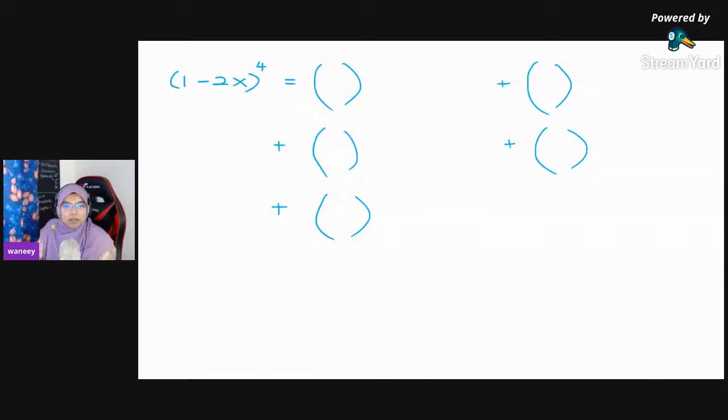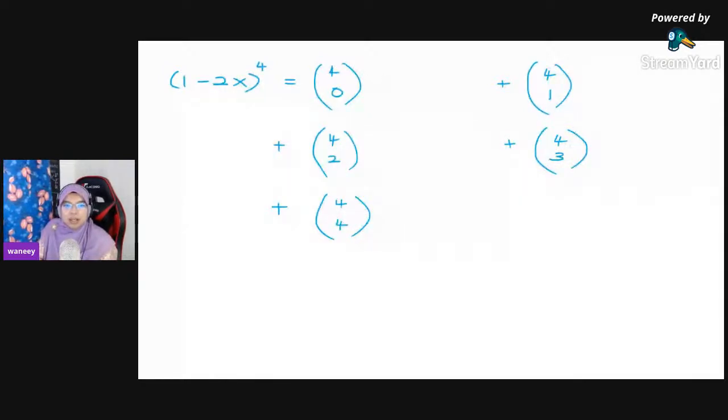Okay, so now the first one we should replace with the binomial coefficient. So the power is 4, so this is 4, always 4 on top. Okay, so now we should start with the lowest number. So the lowest number: 4C0, 4C1, 4C2, 4C3, 4C4. So that is for the binomial coefficient.